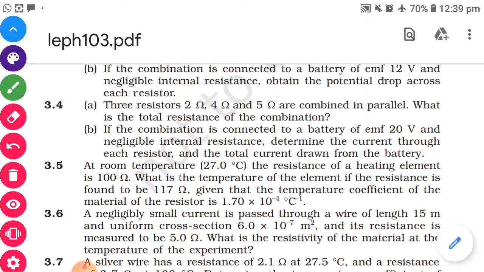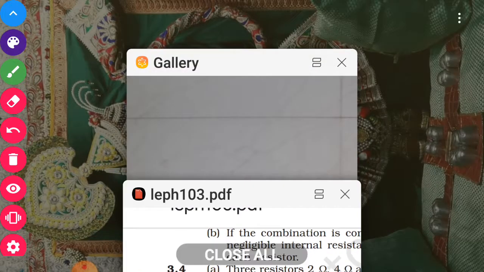If the combination is connected to a battery of 20 volt and negligible internal resistance, determine the current through each resistor and the total current drawn from the battery. Now the resistors are in parallel. So first of all we find the currents through each and every resistor. Say for example we have first resistor which is of 2 ohm.